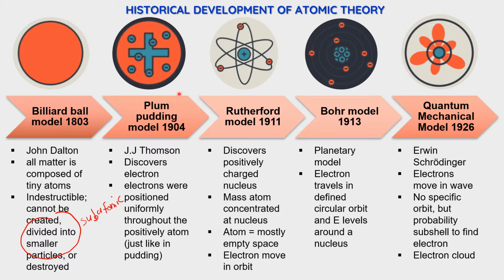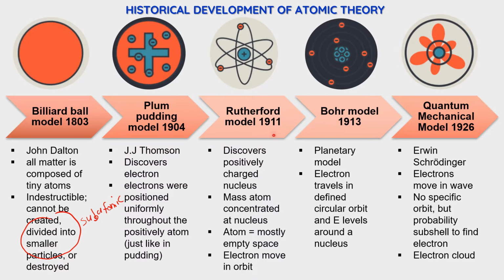Because he imagined the electrons as plums, which are scattered around the positively charged atom. So the atom is like the pudding and the electron is just like the plum. The plums, or the electrons, are scattered throughout the entire space of the atom, just like in a pudding. So in this model, J.J. Thomson claimed that he found the electron, and also that the atom has positive charge, and the electrons are scattered just like plums in the pudding.